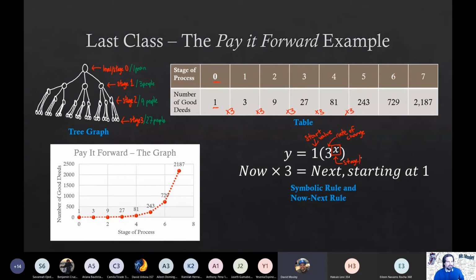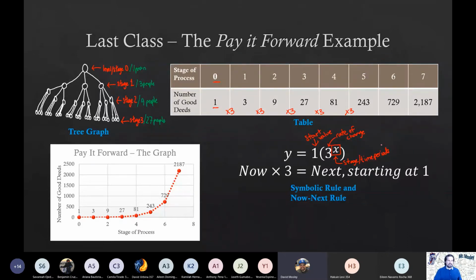It could be time periods, as we'll see in another example today. Right. It's whatever our unit is. In this case, it's the stage of the process. It could be number of hours. It could be number of days. It could be number of repetitions. It all depends on the context on what x is holding the place for.